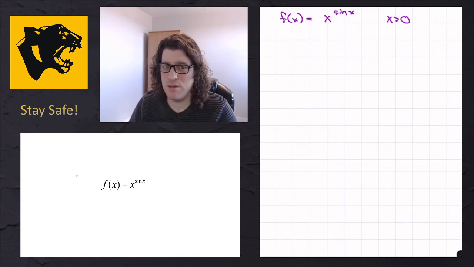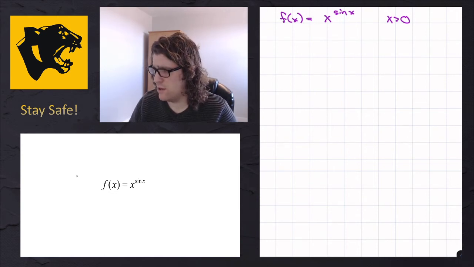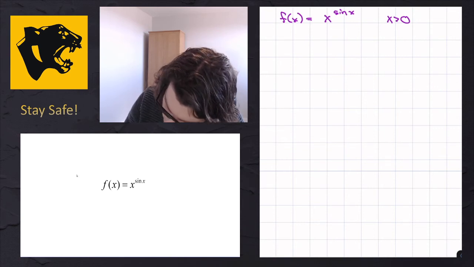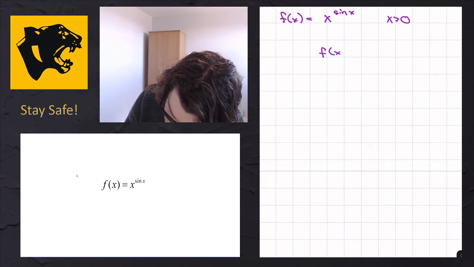So since it's only defined for positive values of x, I don't have to be as careful with absolute values, so I'm not going to. Let's go ahead and see how this thing would go. So we have f of x.